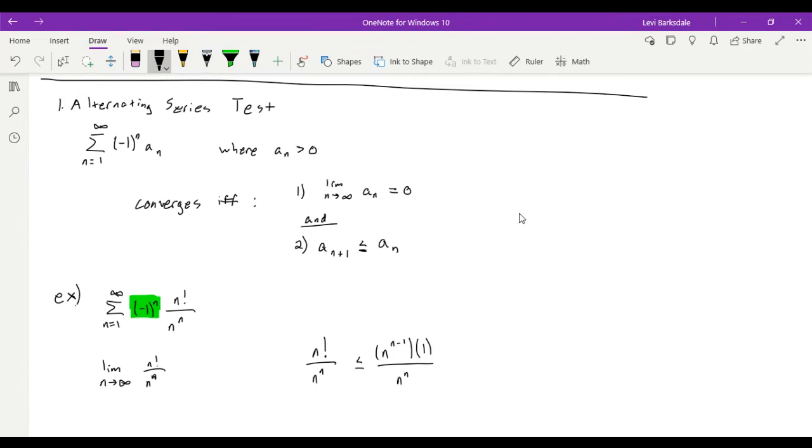And what we're doing here is essentially writing out all the terms. So if we wrote out n factorial on the top, we would have n times n minus 1 times n minus 2, and so on, all the way down until we get down to 1. And on the bottom, we would basically have an n for every single one of these.